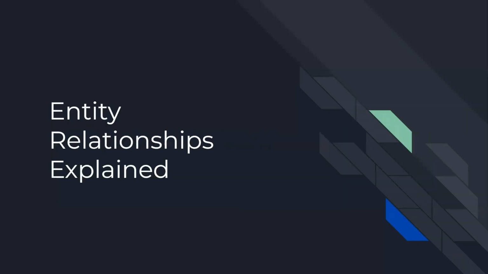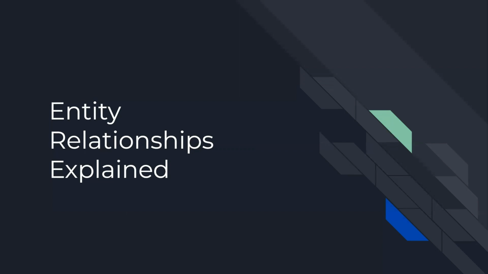So explaining their relationships, there are a few different types of relationships possible. Actually, there are three. A one-to-one relationship, where one entity corresponds to exactly one other entity. A one-to-many relationship, where one instance of one entity can be repeatedly used for another.